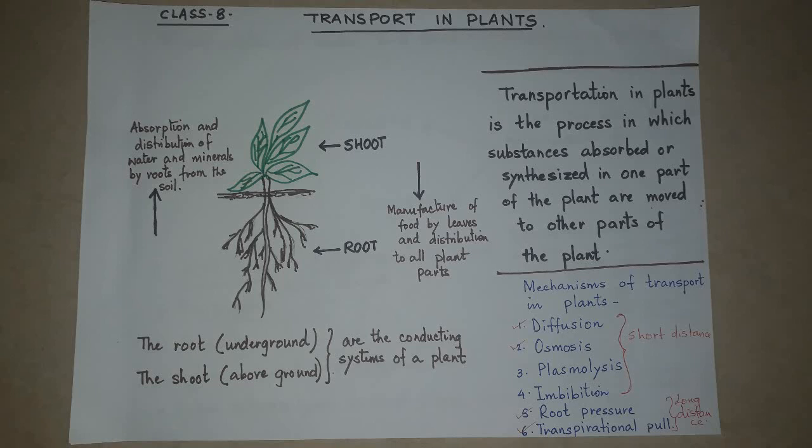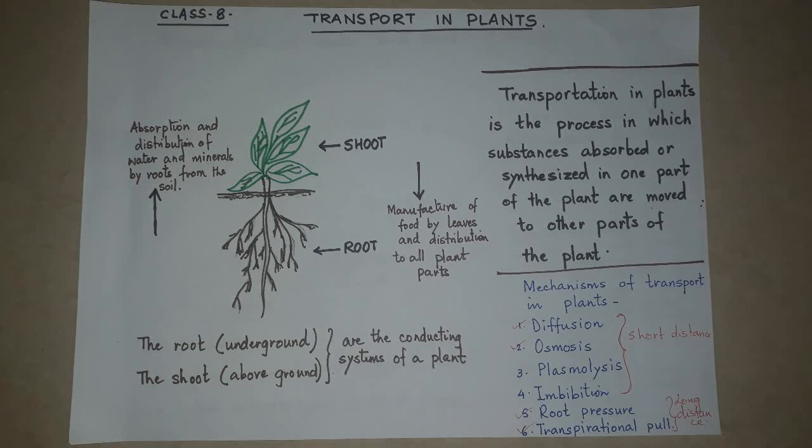So this is a very, very long distance for the water to be pushed up to the tip or apex of the tree where there are new leaves. Which mechanism takes place in that condition? The root pressure and the transpirational pull.